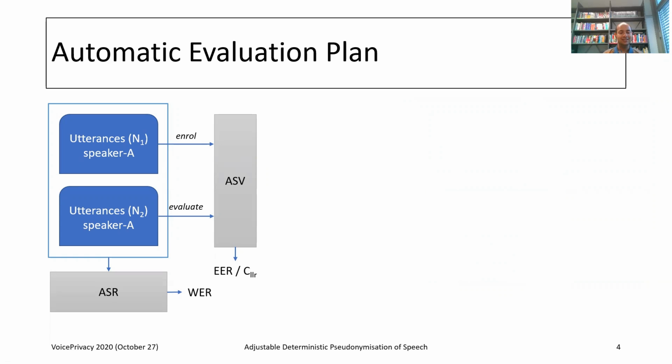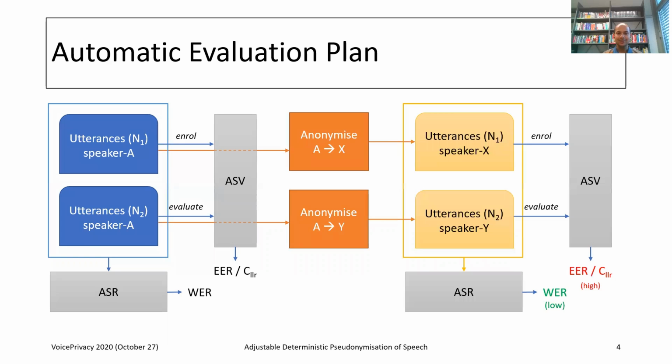Also in the evaluation of ASR, speech recognition, we give all these utterances to the ASR system and get a word error rate. So what we are required to do is to anonymize the utterances N1 of the speaker to another speaker, which is X, and also anonymize the utterances N2 of the same speaker to a different speaker Y, such that we have the modified data set with which, if we perform speaker verification, the equal error rate is going to be very high because the enrollment and evaluation sets now belong to two different speakers.